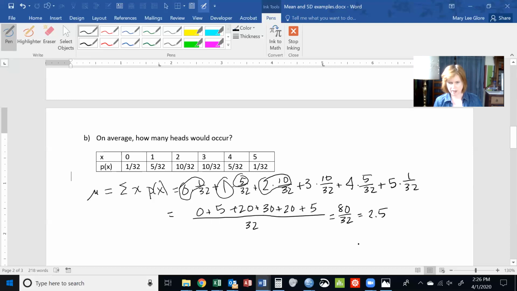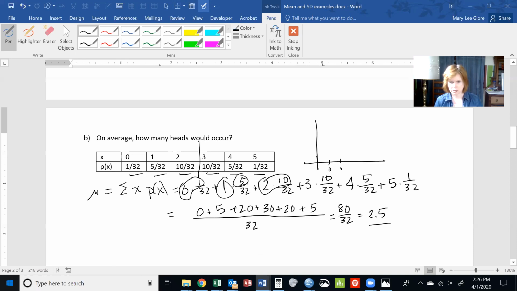Now, I could have deduced this mean was going to happen because this distribution is symmetric, right? So if I go right between 2 and 3, the probabilities to the left are the same as the probabilities to the right, except as a mirror image.